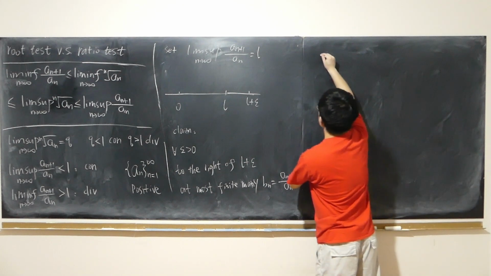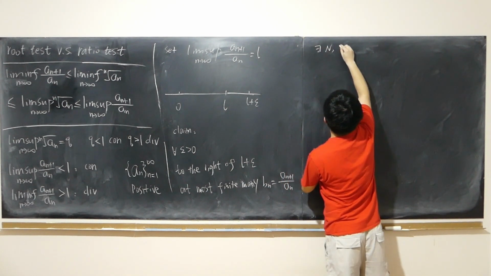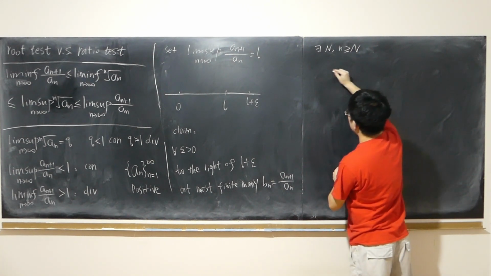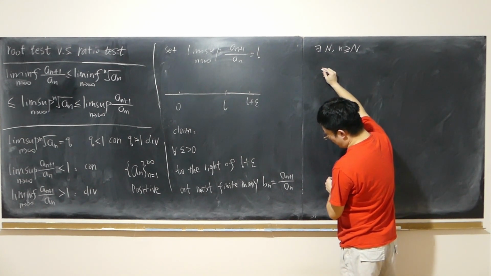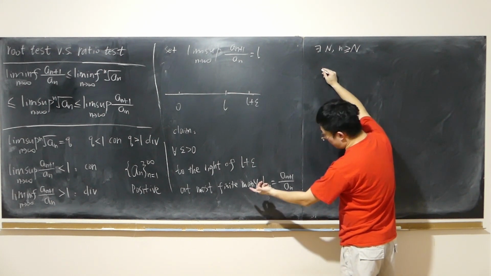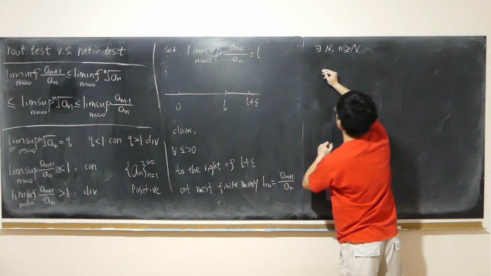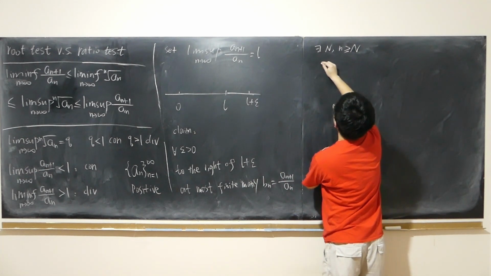In other words, there exists a capital N such that as long as small n is bigger than or equal to capital N, we always have all members to the left-hand side of this point. That's the equivalent statement.